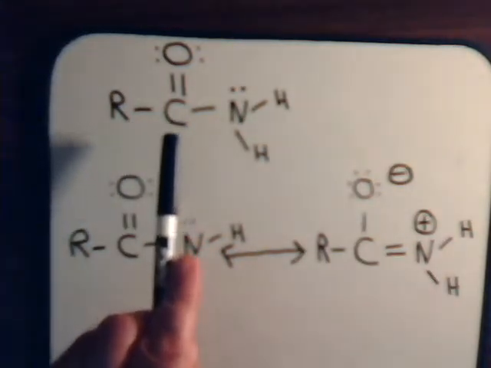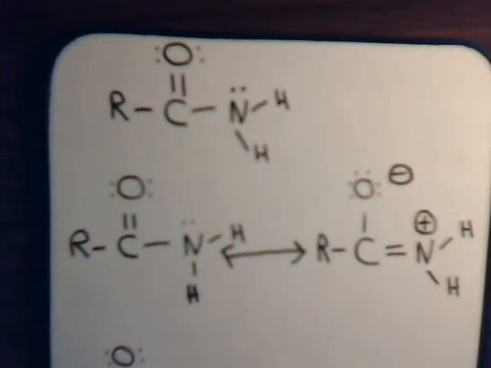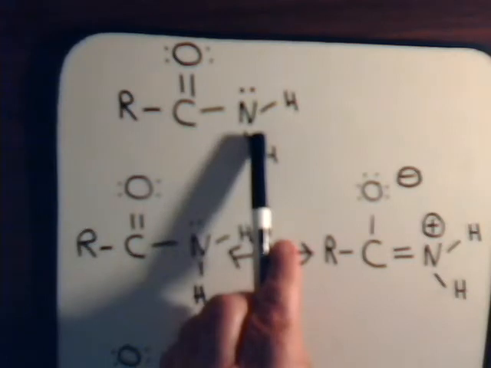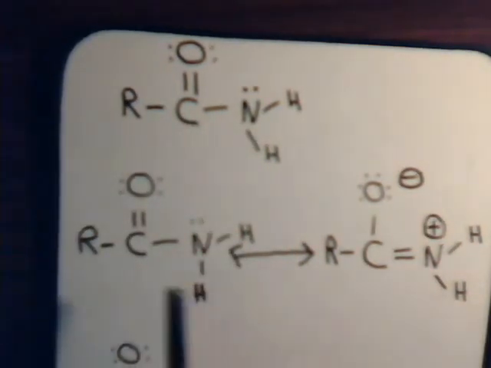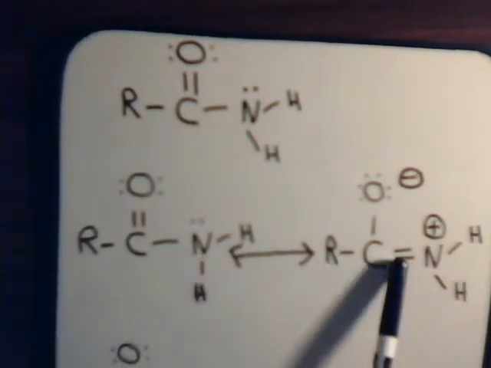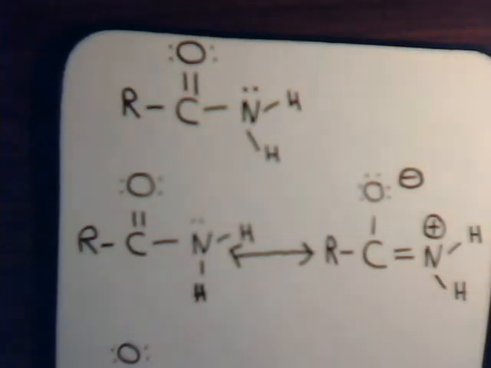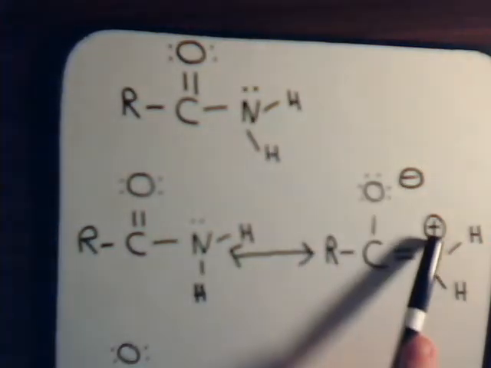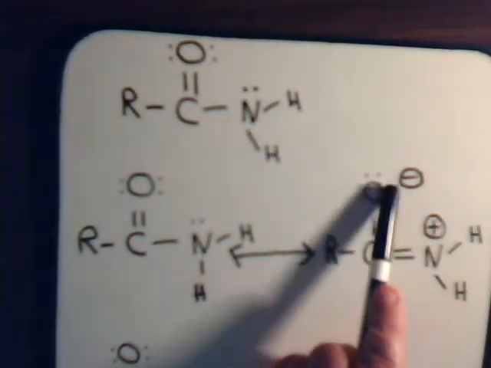Now remember, as we had discussed in video number 10, the amide molecule itself has some resonance stabilization. It's not a real ideal one because you have the separation of charges, but this is permissible.